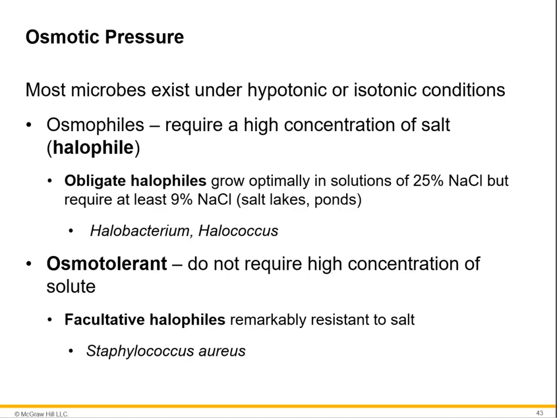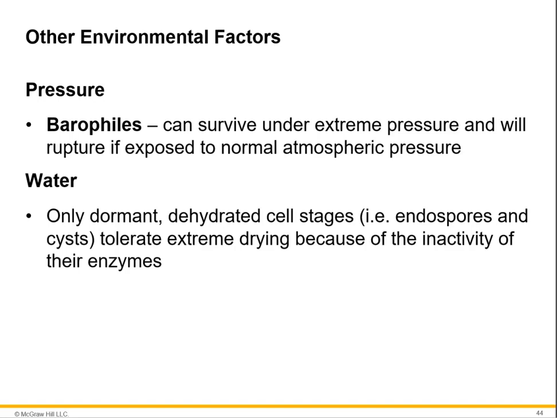We use a special growth medium called mannitol salt agar, and this guy is selective to isolate and identify Staphylococcus aureus. Because it has a high amount of salt in it that most microorganisms cannot tolerate. Staph, on the other hand, is very resistant to high salt concentrations. Barophiles, these guys can survive under extreme pressure, for example, deep in the ocean, and they will rupture if exposed to normal atmospheric pressure.